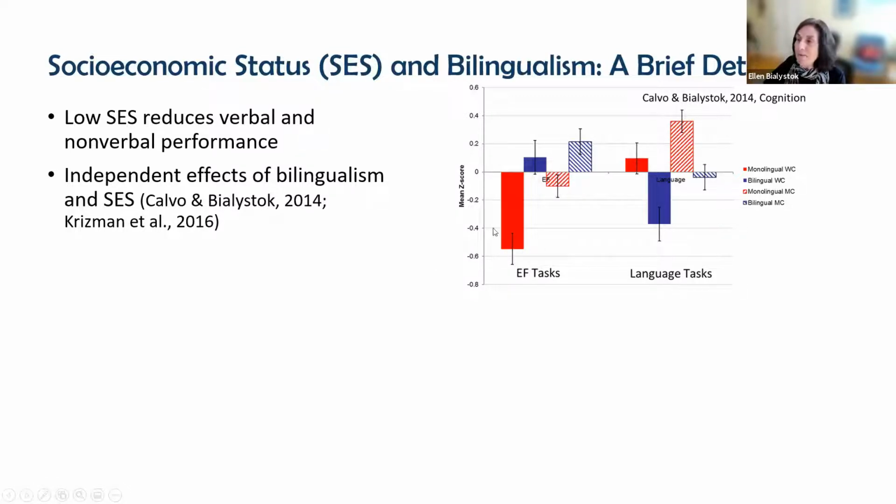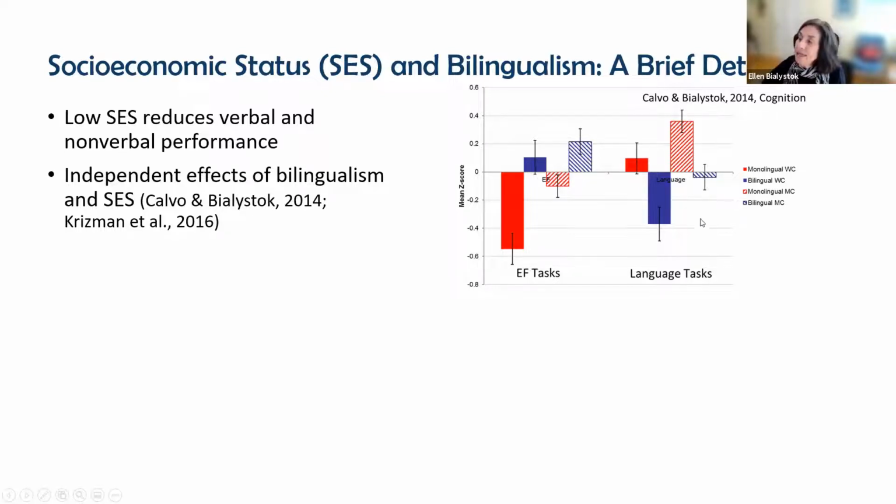And here the red bars for both the middle SES and lower SES go down. That means they're doing poorer on average. And the blue bars go up. So the bilingual kids are doing better on average for both middle class and lower class.